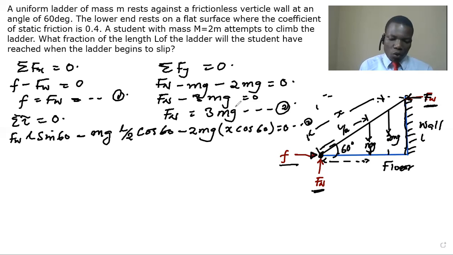And from equation 2, we see that we can find the friction force, because we know that the relationship between the friction force and the normal force is given by friction force equal to nu times the normal force. So we have nu times 3mg, so this is the friction force.